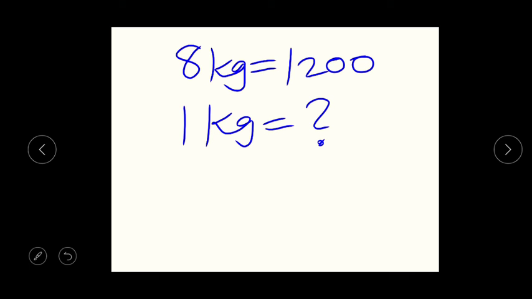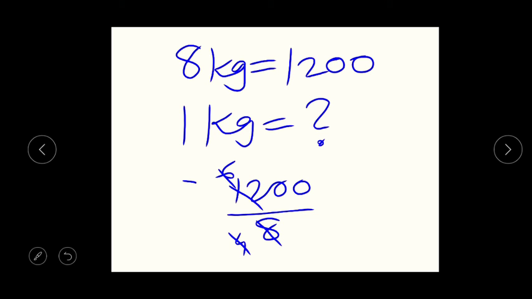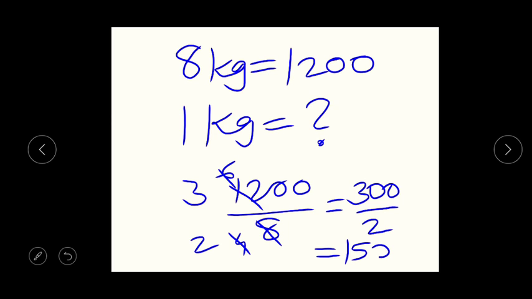For that we have to divide 1200 by 8. That is 300 divided by 2, which is equal to 150 rupees per kg.